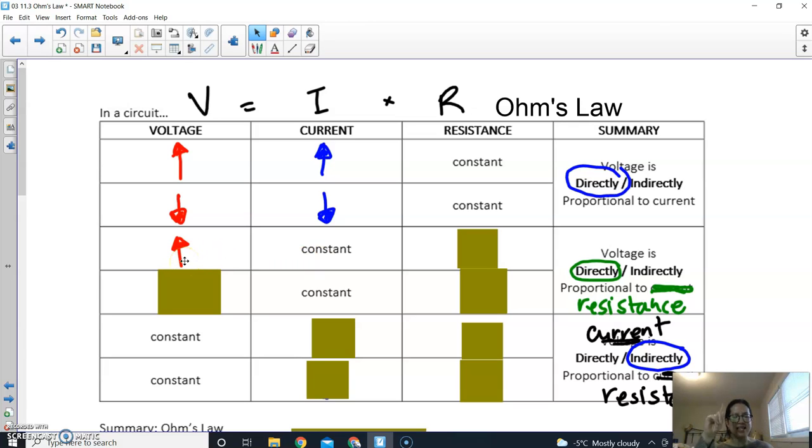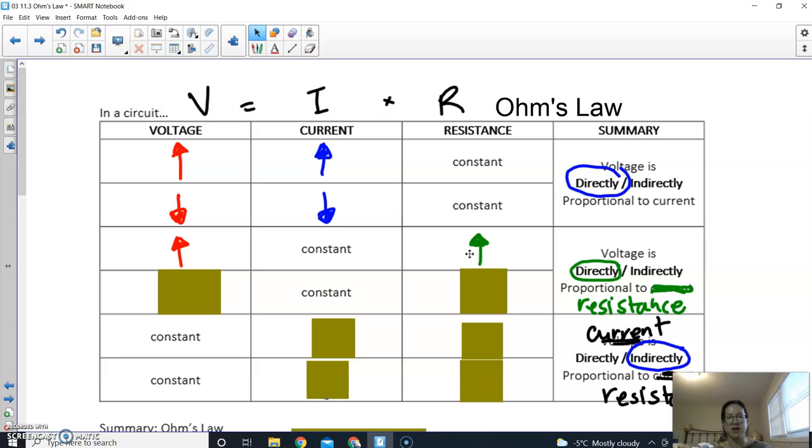If I'm increasing the push that's behind each electron, what must be happening to the resistance in order for the current to remain the same? Okay, this is counterintuitive. It's a little bit confusing. So if the flow rate is the same, but I'm increasing the push, that must mean that if this is constant, the resistance must be increasing.